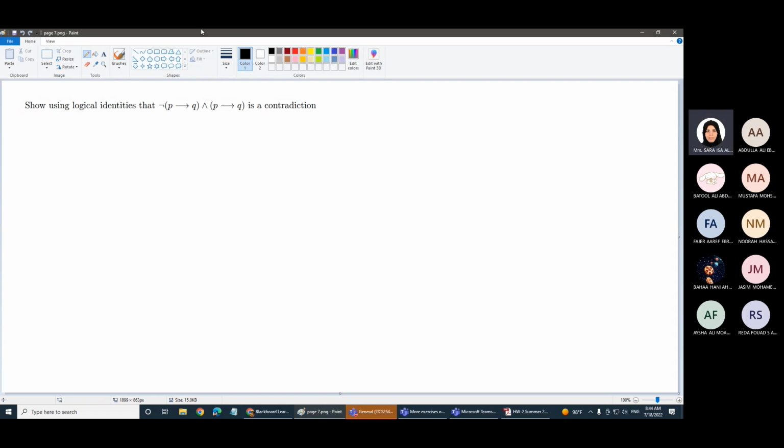So it asks me to use the logical identities, not the truth table, to prove that this is always false at the end. The first one is not P implies Q and P implies Q.